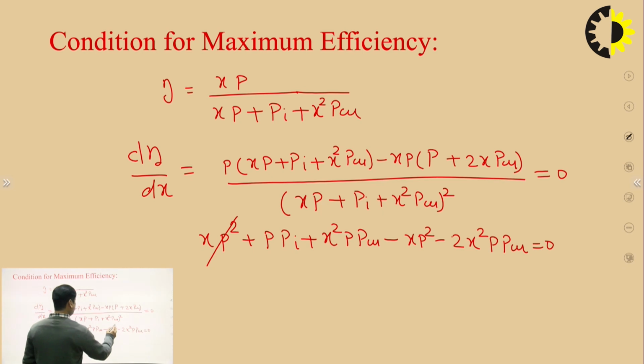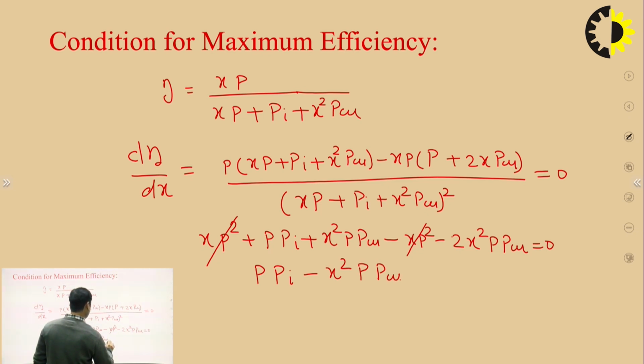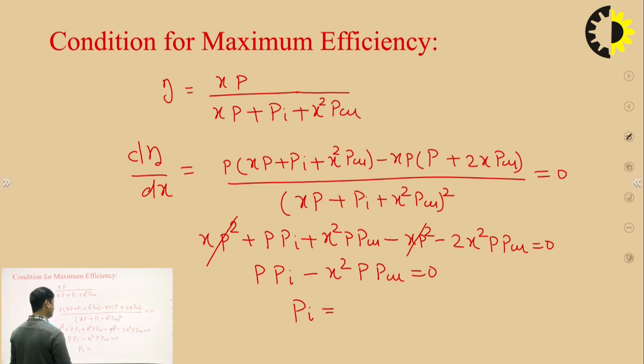Straightforward, the xP squared terms cancel out, and you get P Pi minus x squared P P copper equal to 0. P again we can cancel out. So you get Pi is equal to x squared P copper.